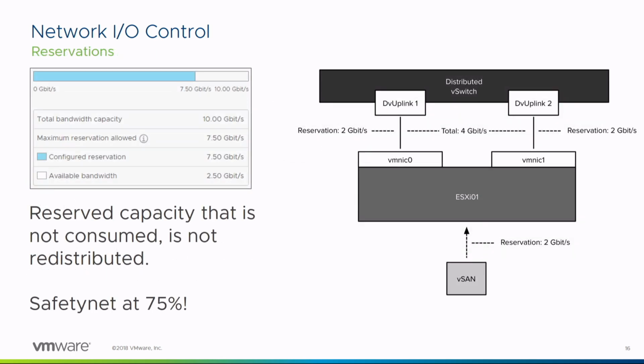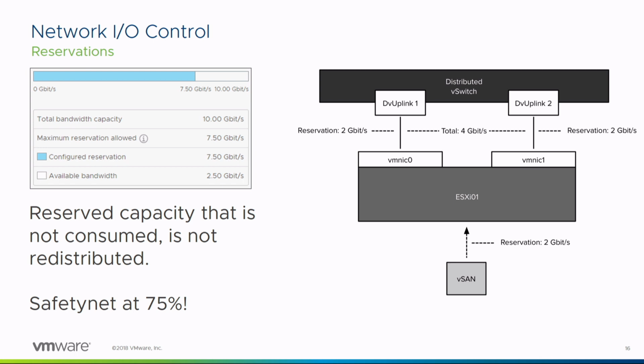So we talked about shares, we talked about limits. We will now talk about reservations a bit. And reservation is kind of like limits, right? It's not always a good idea to enforce reservations, but you might have a use case for it. That specific customer, that specific tenant, that specific application. And from an SLA perspective, you are required to ensure a minimal amount of bandwidth.